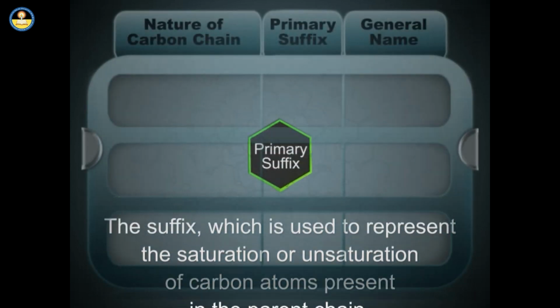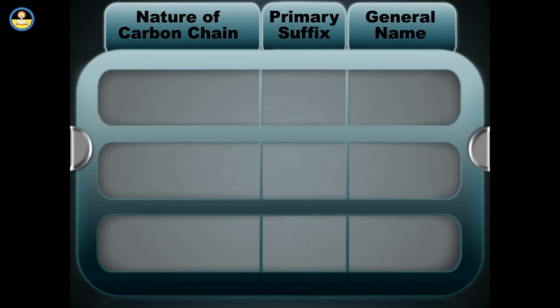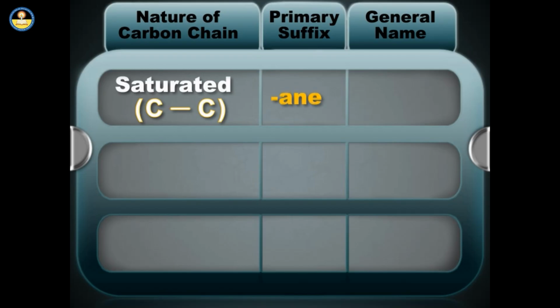Have a look at basic primary suffixes as shown on screen. If nature of carbon atom is saturated, it means that there will be a single bond between carbon atoms. Primary suffix will be ane. General name of the compound will be alkane.